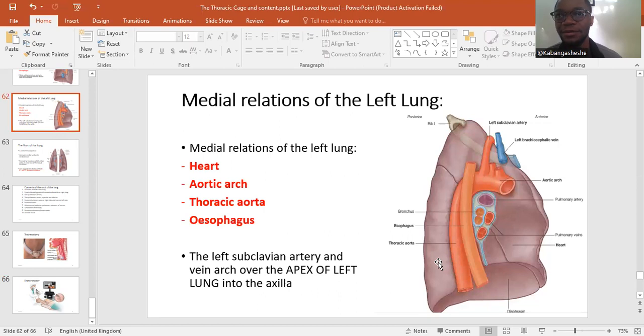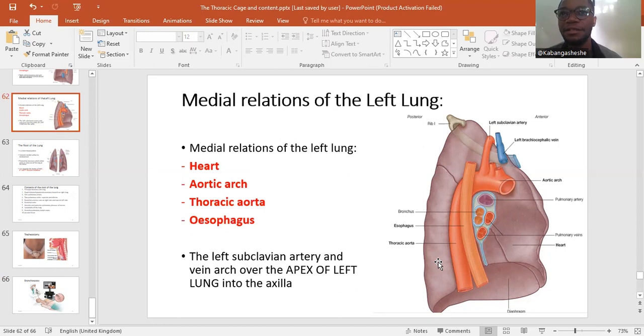Then the one that is covering the wall of the chest inside there will be the parietal pleura. Therefore, there is always a small, minute space between the parietal and the visceral pleura. We call that the pleural cavity. Now, that cavity is important because it is filled with serous fluid. This is fluid that is watery in nature, and it is the cells of the visceral pleura that produce this fluid.